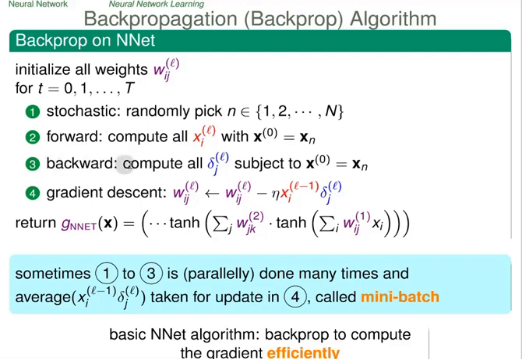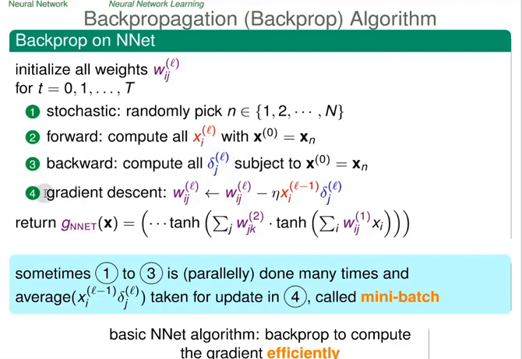In step 3, we calculate the deltas for each layer, starting from the last layer and propagating until the first layer. Forward computation, backward computation. Backward computation involves computing the delta from the last layer to the first layer.